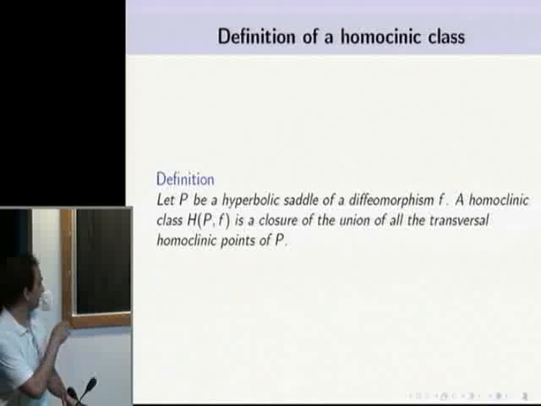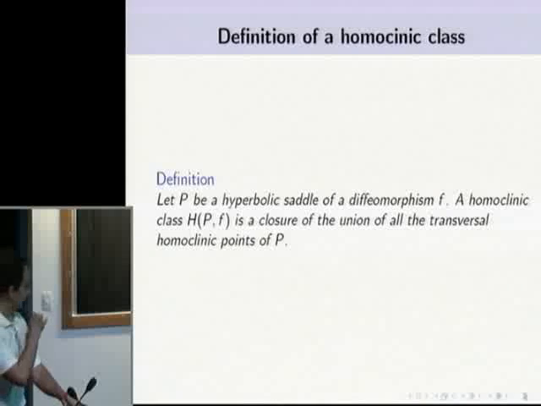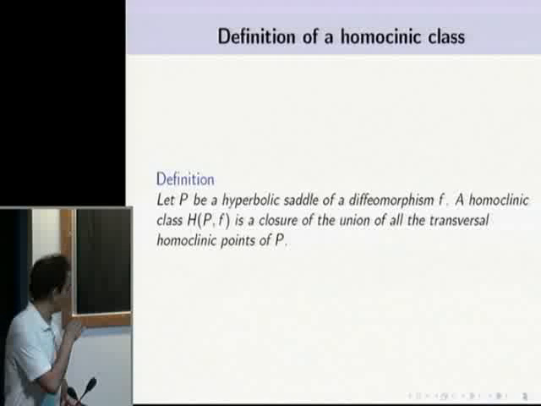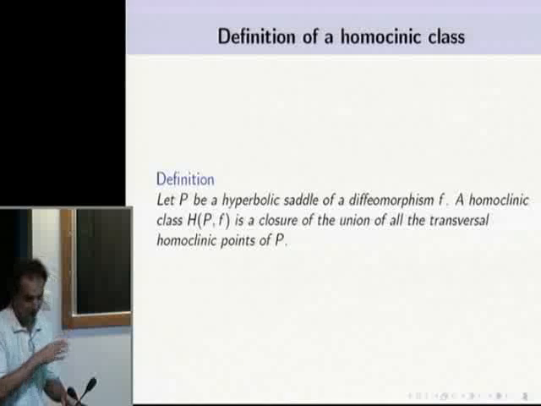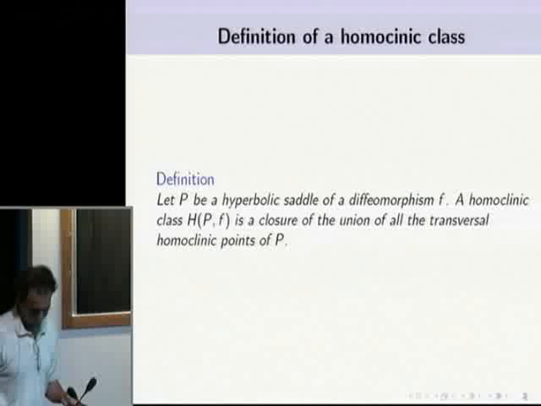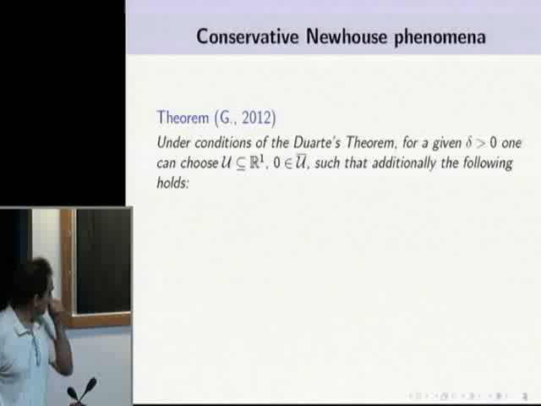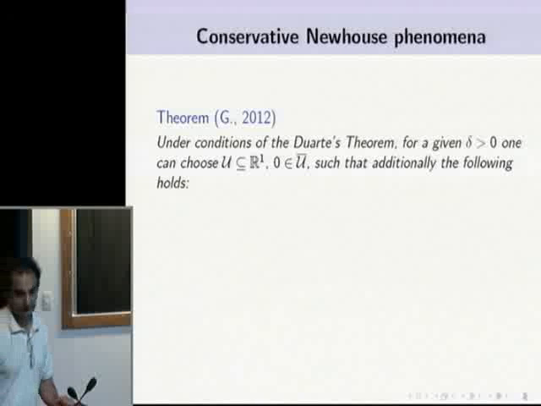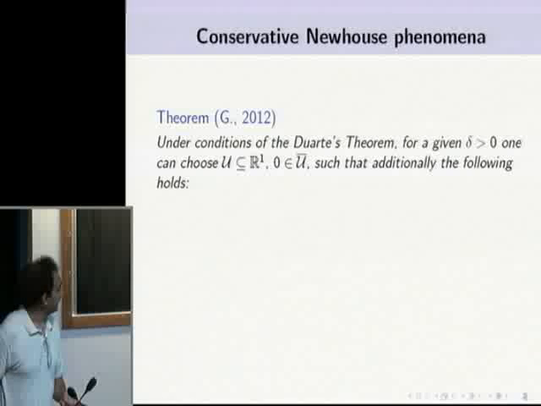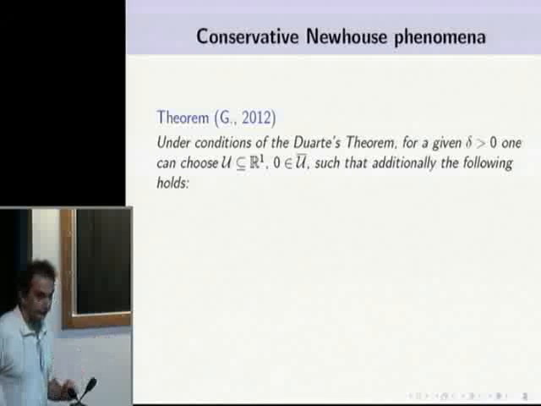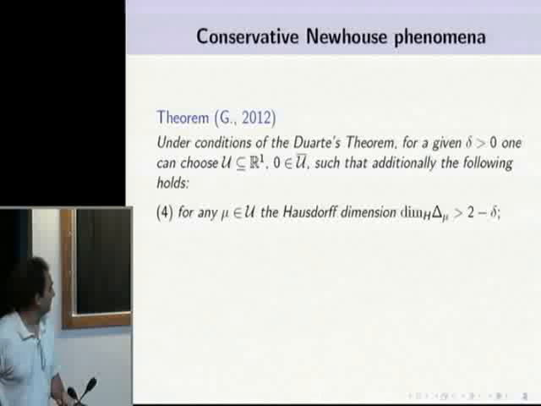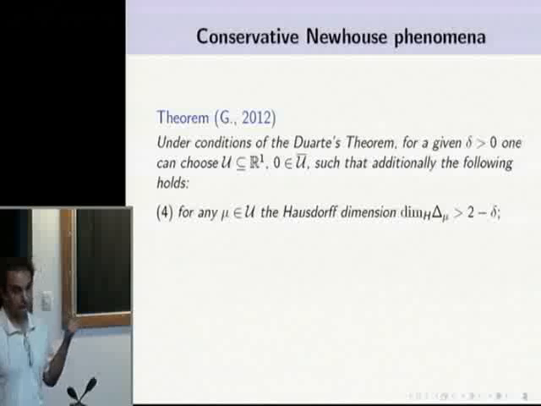This definition is that the homoclinic class is the closure of the union of all transversal homoclinic points of a given saddle. But once again, those two definitions are equivalent. So it turns out that you can slightly improve Duarte's result, saying that not only do all those properties hold that Duarte claimed, but also that you can choose those horseshoes to be of large Hausdorff dimension.